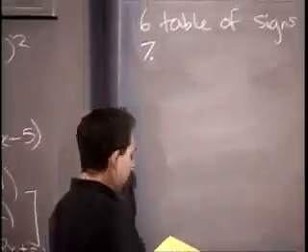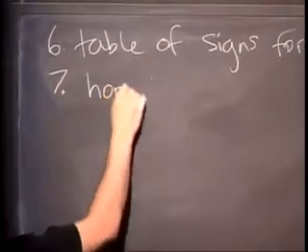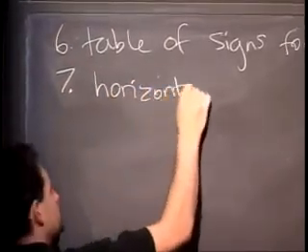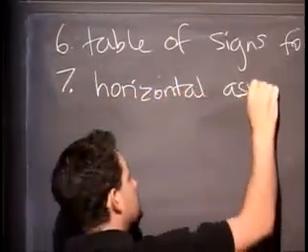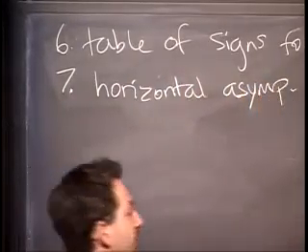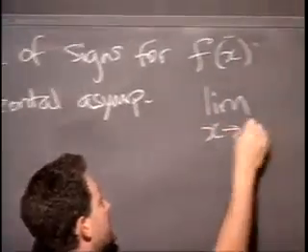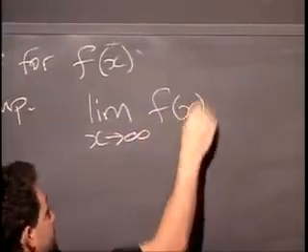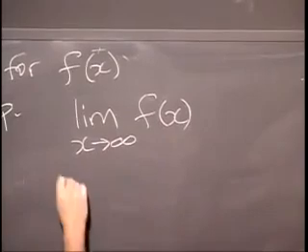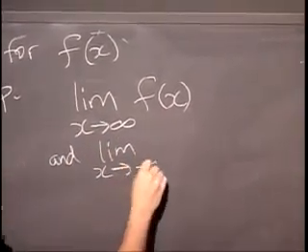Now, we've also got to look at step 7, horizontal asymptotes. How do you find those? Well, what you do is you take the limit as x goes to infinity of f of x, and also x goes to minus infinity.